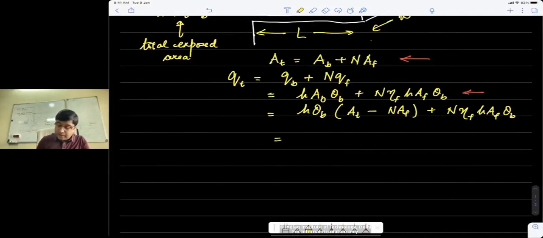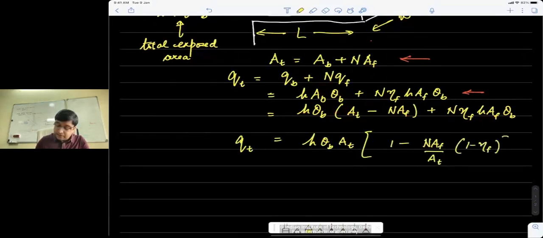And then by doing some basic juggling, I can pull out some terms and write that this QT will be h theta_B A_T. Remember, there's h and theta_B on both sides, so that is common. I'm going to pull out an A_T, so we'll have a fraction of A_F by A_T. So this becomes 1 minus N A_F by A_T times 1 minus eta_F.